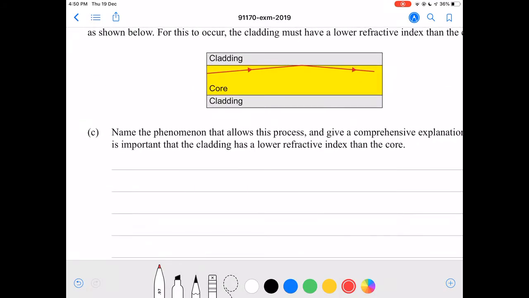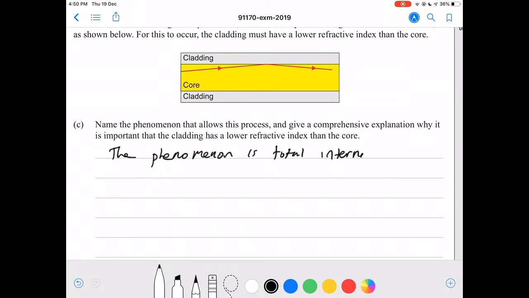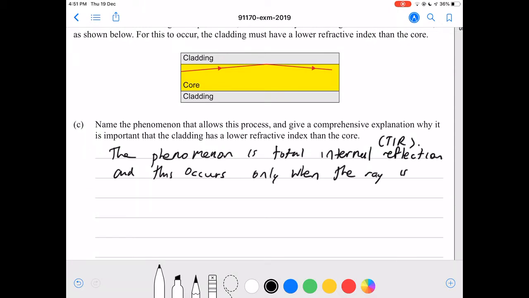So name the phenomenon that allows this process. You can say the phenomenon is total internal reflection, which I'm going to abbreviate as TIR.